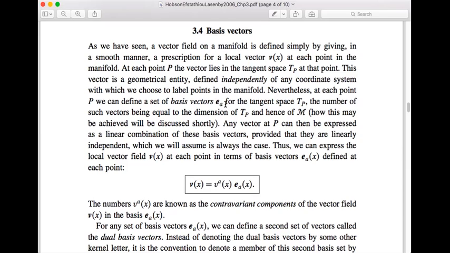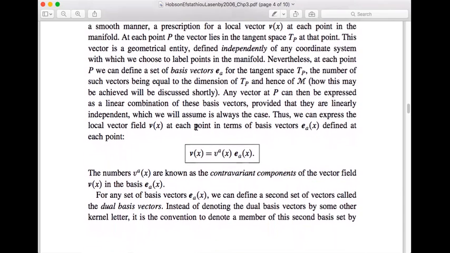And these basis vectors are a basis for the tangent space TP, the tangent space at the point P. The number of such vectors is equal to the dimension of TP and hence of M, just as I explained. How this may be achieved will be discussed shortly.